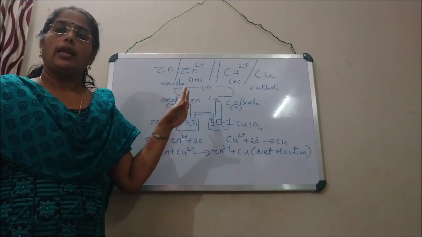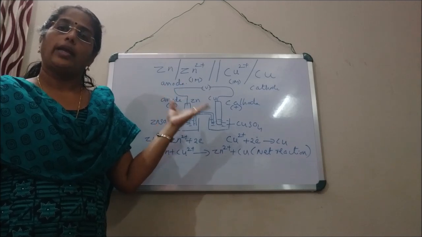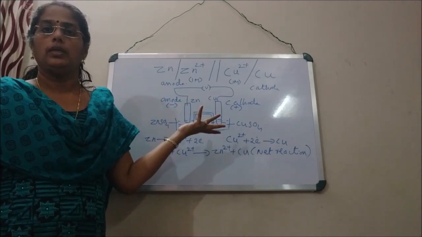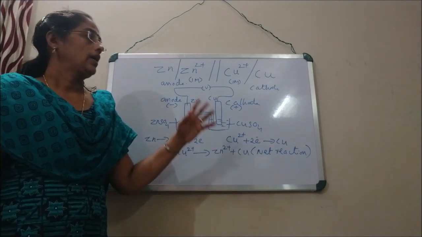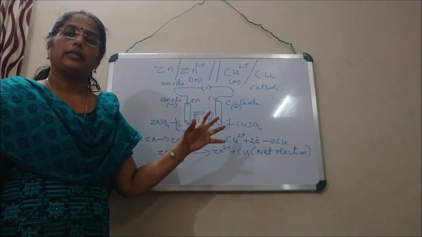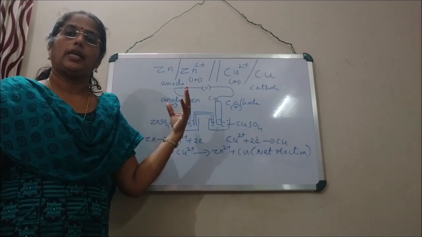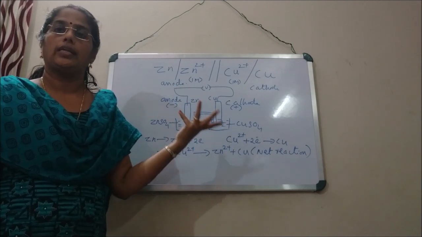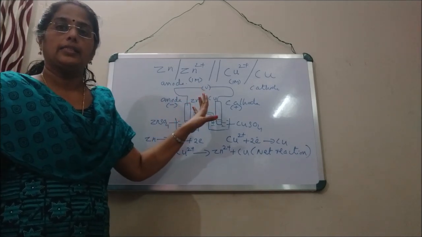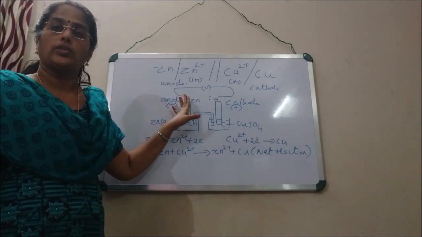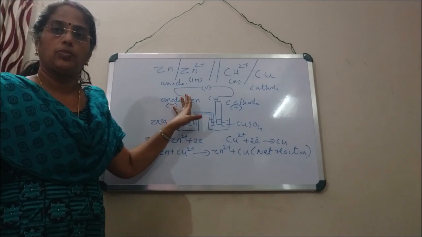An electrode can act as an anode or cathode. That depends upon the other half cell to which it is connected. So, a metal can act as anode or cathode. That means it can have oxidation potential or it can have reduction potential. Here in this Daniell cell, zinc is undergoing oxidation, so it has oxidation potential.